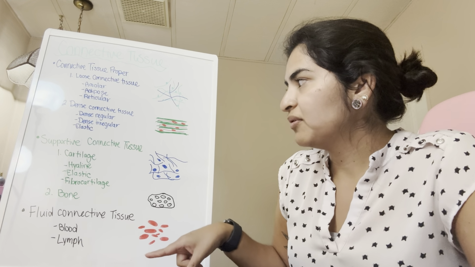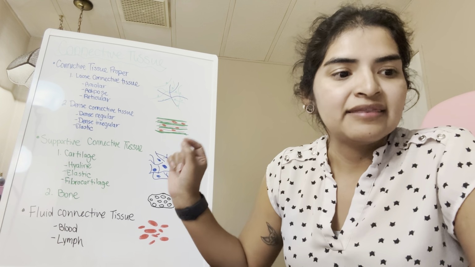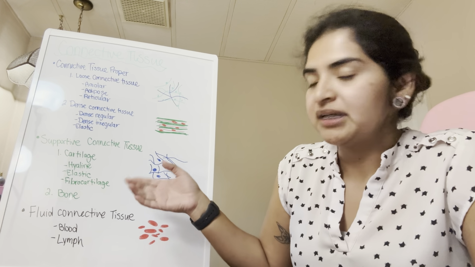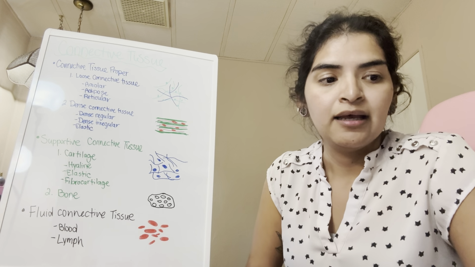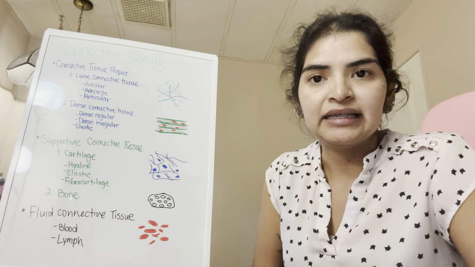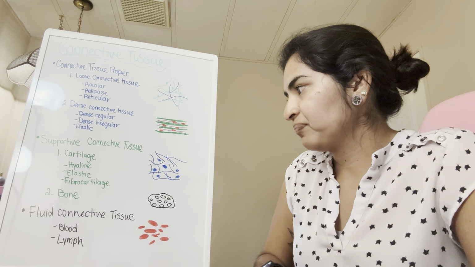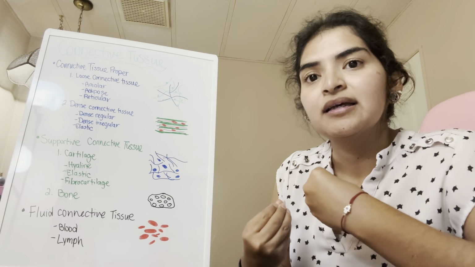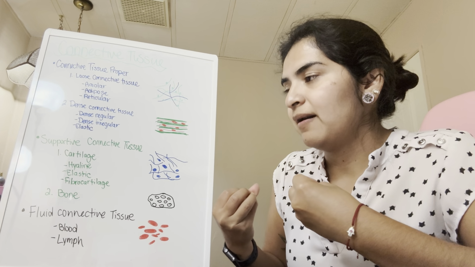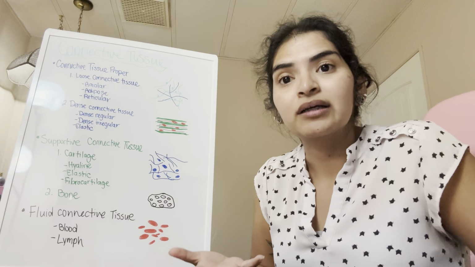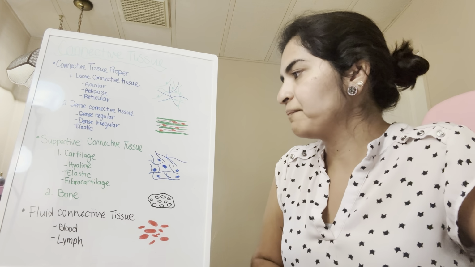And the other supportive connective tissue is the bone, and that provides protection to your internal organs, and it supports the body, and it is the hardest connective tissue, with the collagen fibers helping the bone be hard, and so they're not brittle and you don't break them at any given time.